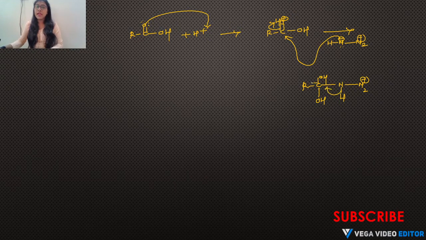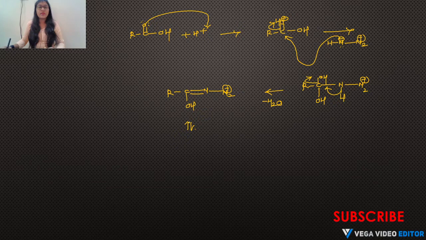Then after dehydration we get RC(OH), N double bond, N2 plus. Then it undergoes tautomerism. This bond takes the hydrogen from this OH and we get CO, NH, N2 plus.